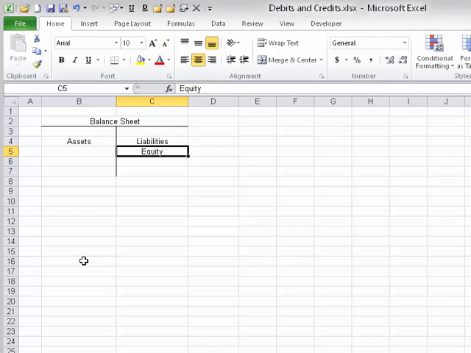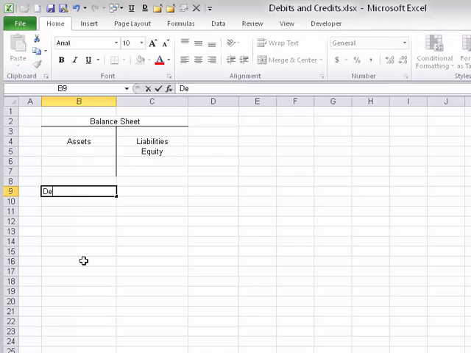Well, with that in mind, we're going to introduce the concept of debits and credits. Okay, now long ago when accounting was started, they used the term debit to mean left and credit to mean right. So we'll put assets on the left side and we'll call these debits.